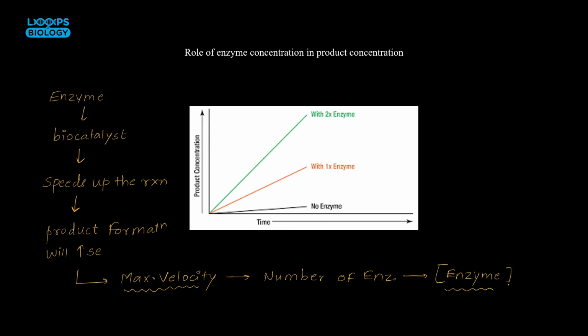So this is not a hard and fast rule that without enzyme the reaction should not take place, but it takes more time to cover it up. Got it? So as we have seen, on the x-axis we have taken time, while on the y-axis we have taken product concentration, and depending on the enzyme concentration added for the test, the particular product concentration is increased.